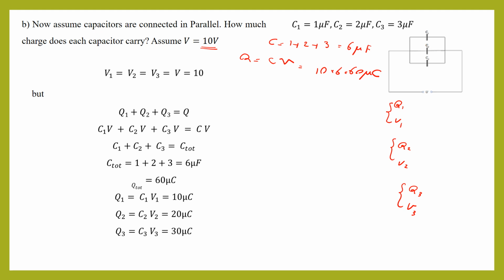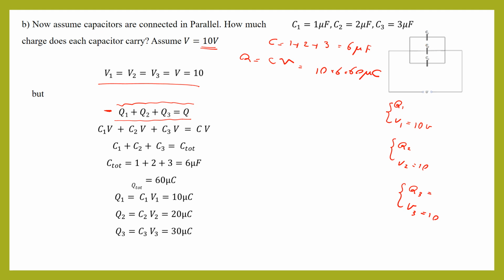Now what do we have? Charges are not the same. They follow this equation. However, we have some more information, everybody. Since capacitors are connected in parallel, we have the potential of each one separately. In fact, V1 is 10 volts, V2 is 10, V3 is also 10.